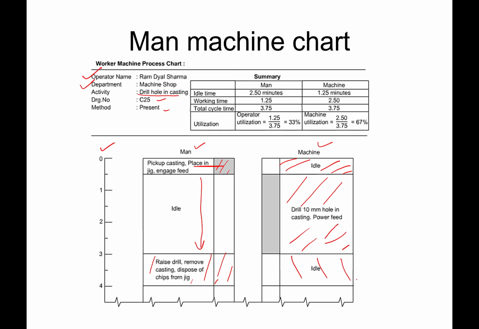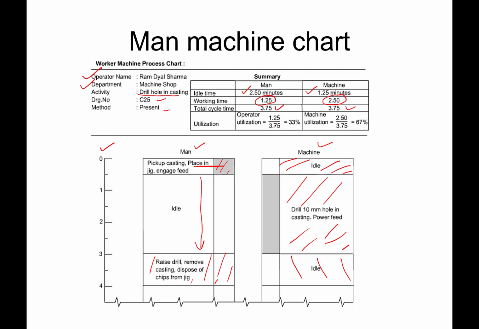So if you see, in this entire cycle time, the idle time for the man is 2.5 minutes, machine idle time is 1.25 minutes, working time is 1.25, and working time for the machine is 2.5. Total cycle time is this much.